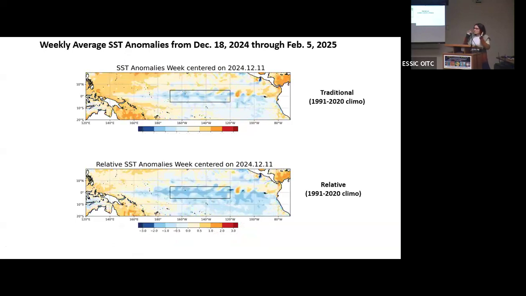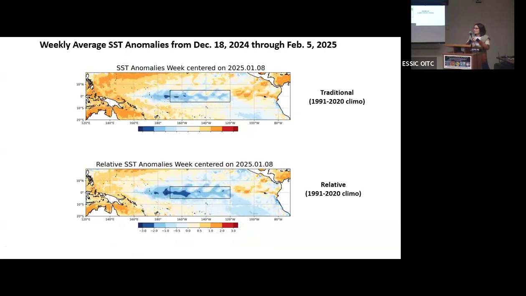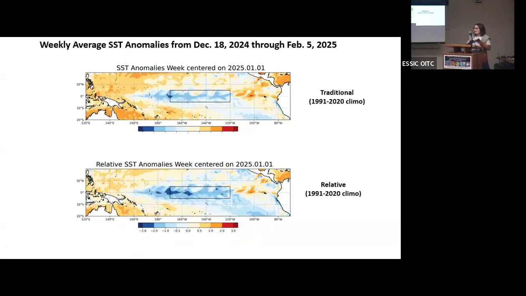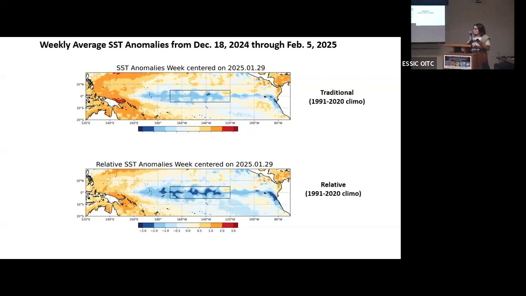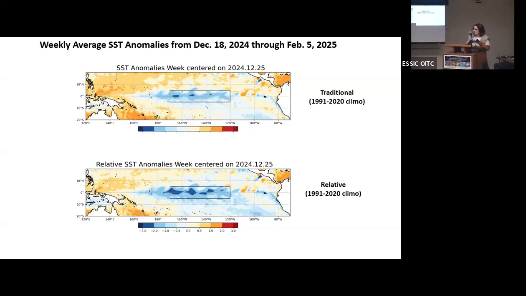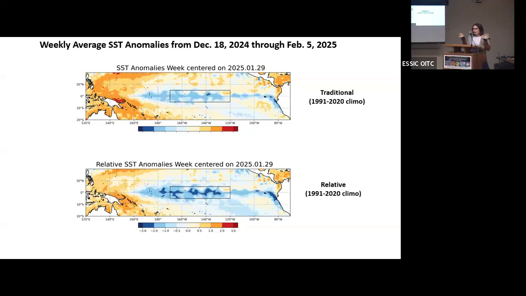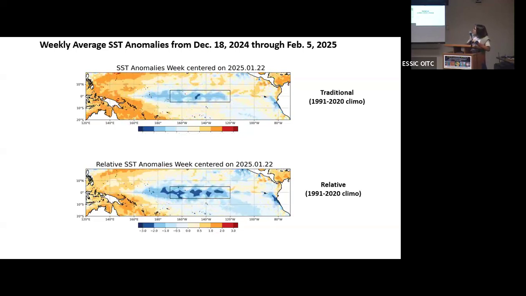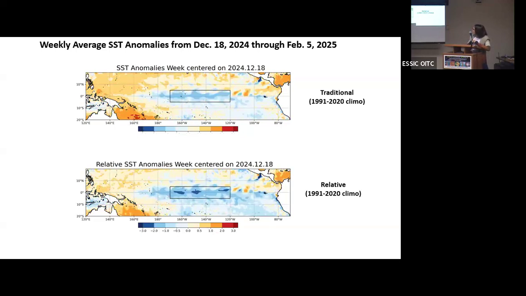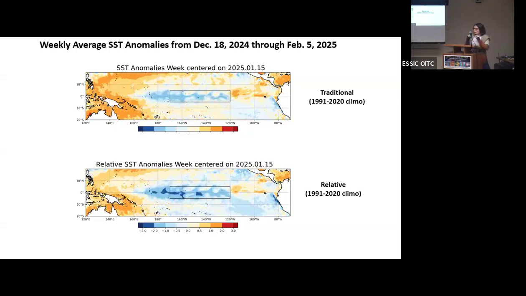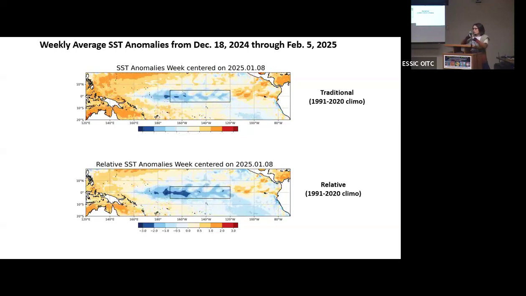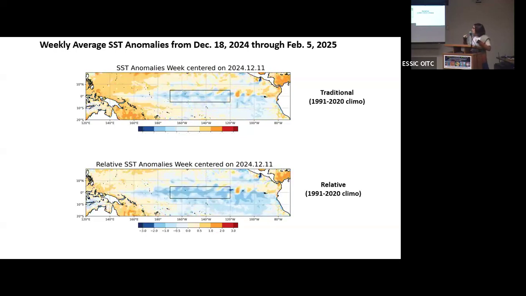Here, instead of doing the calculation in the index, I'm actually doing it by grid point. This may not be quite kosher. Someone might flag this and say maybe you shouldn't do this, but I'm doing it anyway for now. The top one is traditional. The bottom is relative. Here I'm doing this tropical mean subtraction at each grid point, and then the rescaling at each grid point.